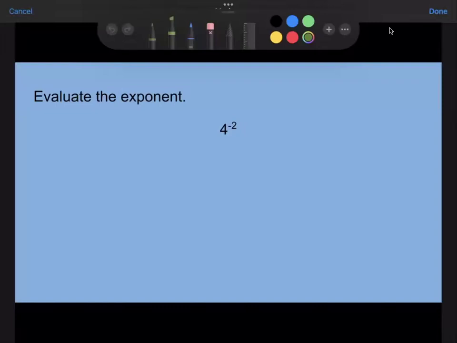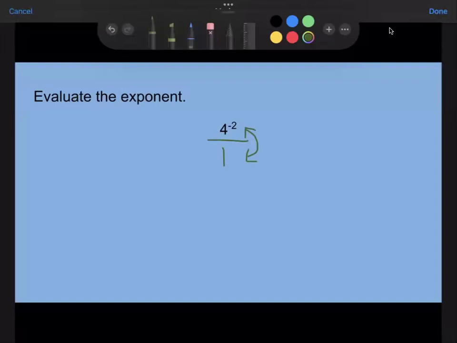Since there's a -2, in order to have a reciprocal, I have to make it into a fraction. So I'm going to put it over 1. Right now I have 4 to the second power over 1. If I flip it into its reciprocal, the negative changes to a positive. If I had a negative on the bottom next to the 1, that would also change signs if I flipped it.